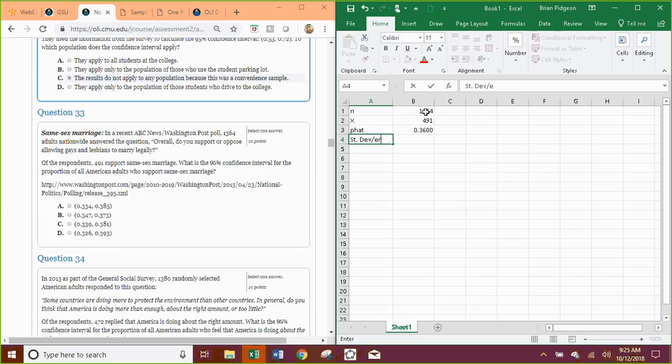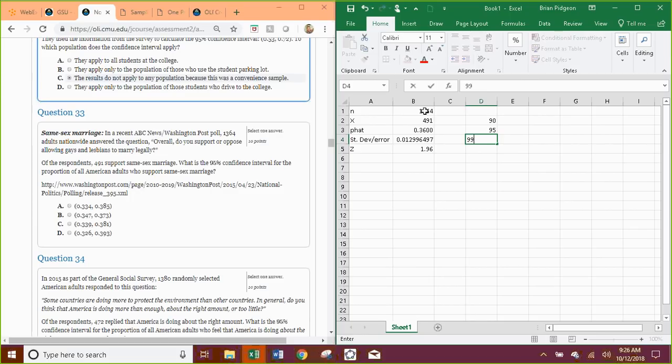So from p hat, we need to calculate the standard error. Standard deviation error, same thing. We know that's going to be the square root of p hat times 1 minus p hat, divided by n. That's your standard error. But with confidence intervals, we also need to look at a z-score. The z-score for 95% confidence is 1.96.